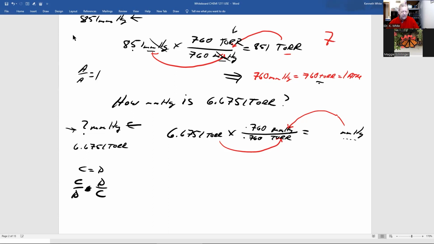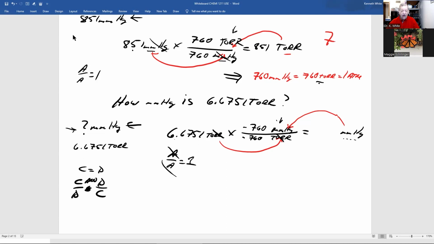Oops, that's not equal, it should be and. And here, that's how we got these numbers. Before I pick up my calculator, this one you really don't need it, but if you did, torr divided by torr, anything divided by itself equals the number 1, meaning it cancels out, and I'm left with millimeters of mercury.